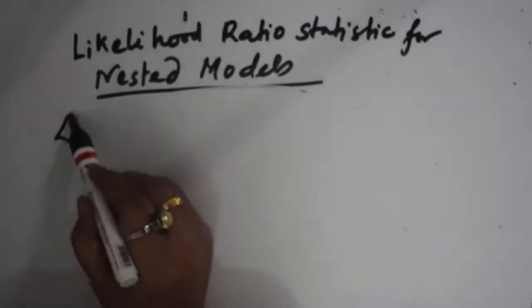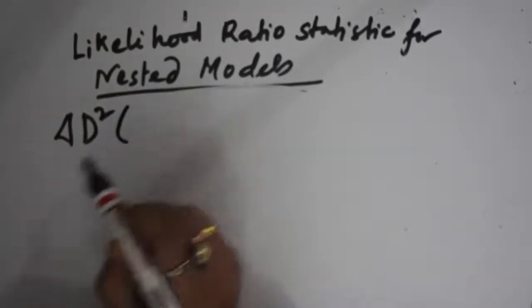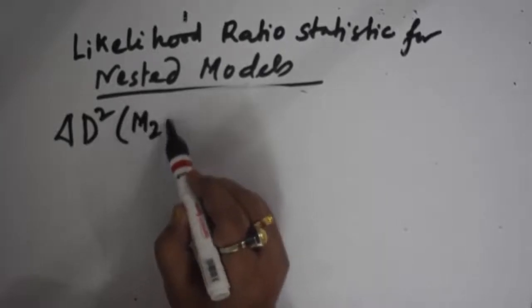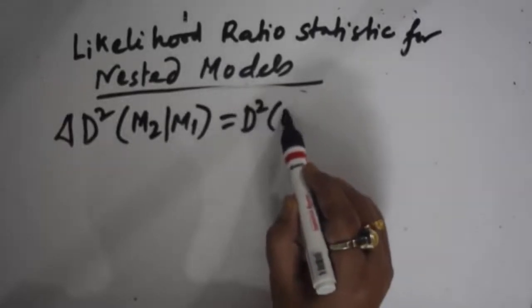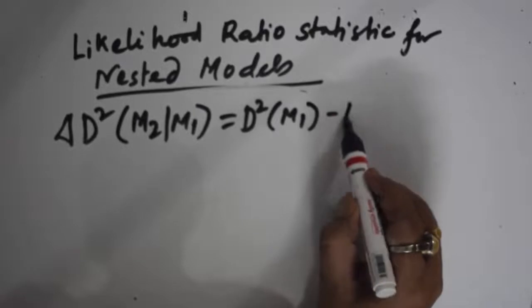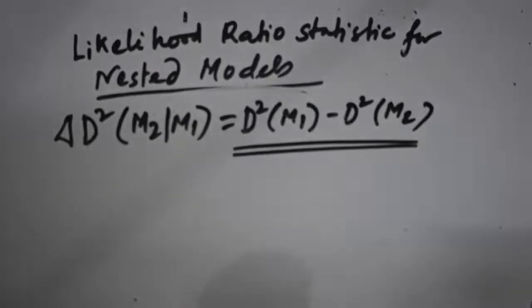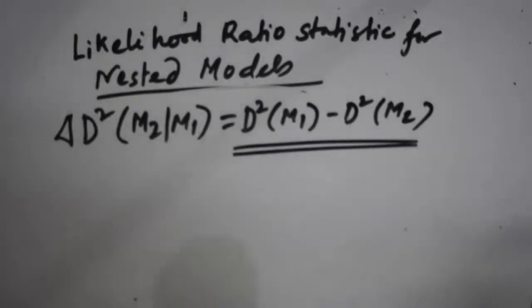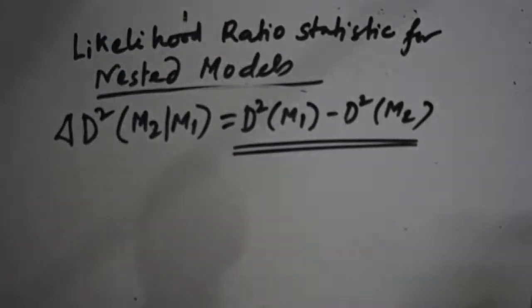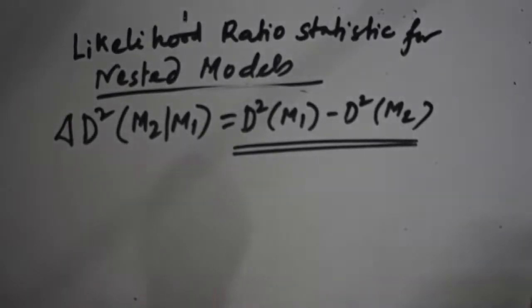So the deviance, denoted by delta D squared of M2 given M1, is nothing but D squared M1 minus D squared M2, which is similar to the conditional SSE of M2 given M1 if we consider the linear regression model case.